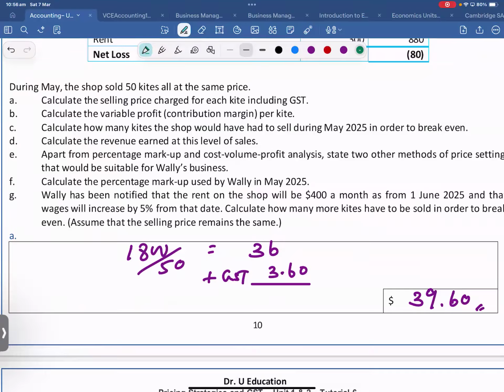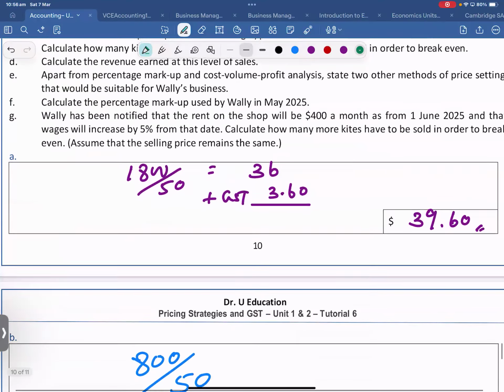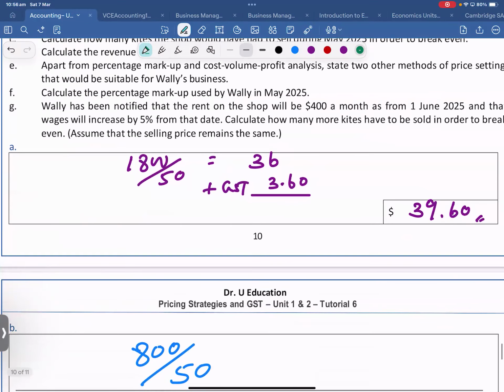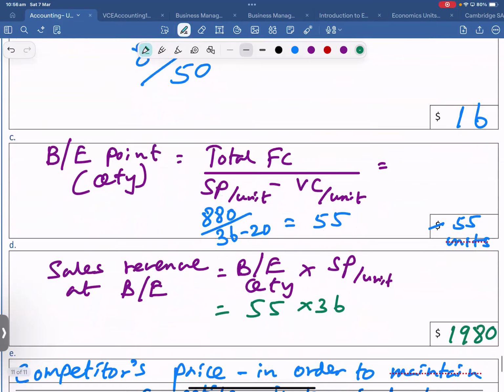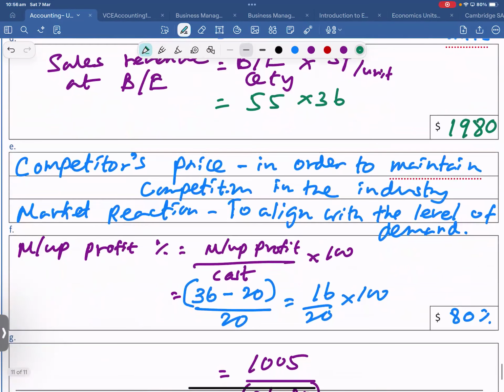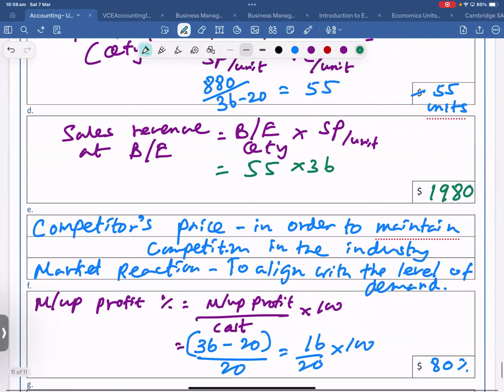So that's an 80% markup. 20%. I did it on a per unit basis, but you can do it in total as well. Okay.